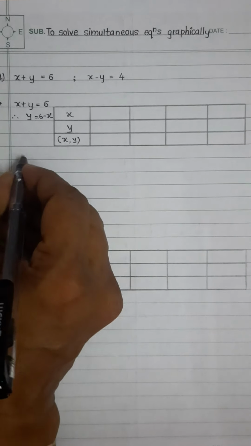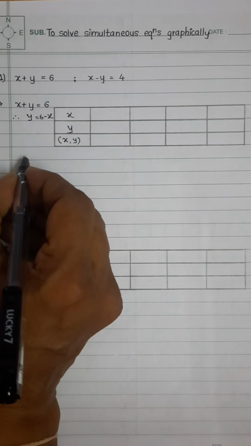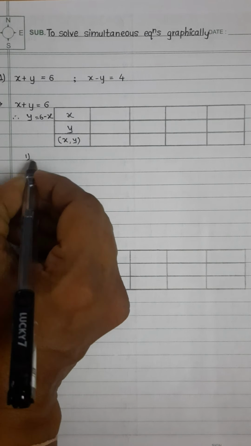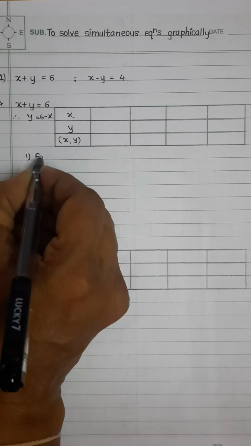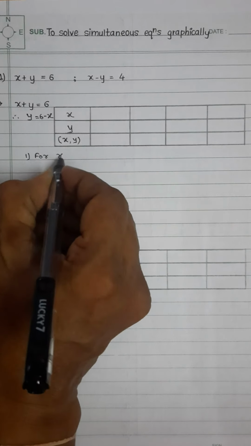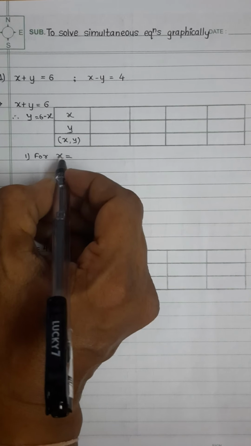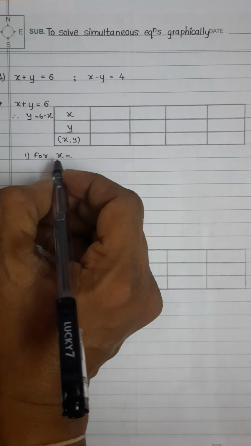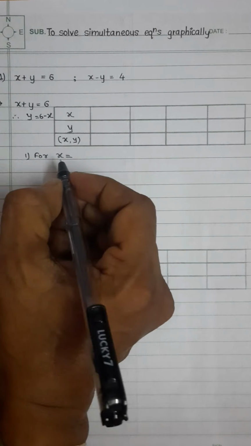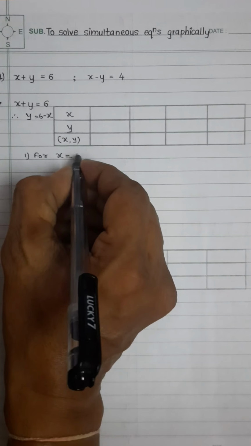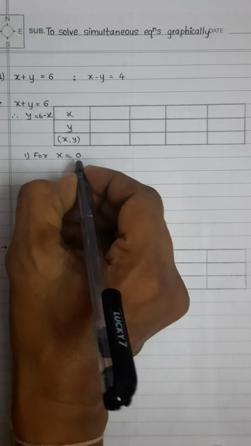Now we have to take 4 values of x and from that find the values of y. First of all, for x, we can take any value. Suppose we take x is equal to 0.